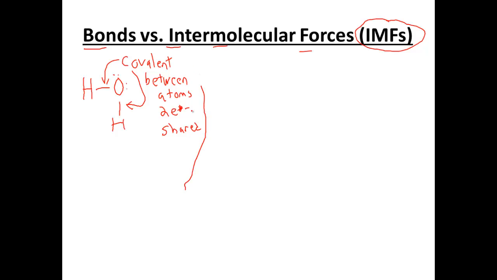Now, if we were to take that idea and go a little bit further, the next part would be that we have our water, HOH. Now these lone pair of electrons here have a little bit more of what we're going to call a partial negative to them.